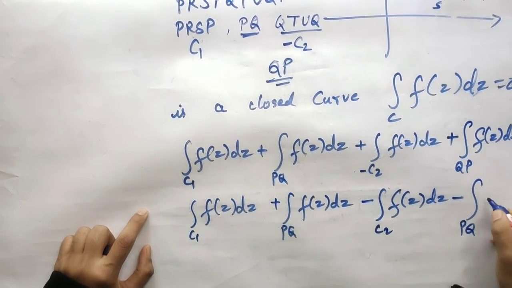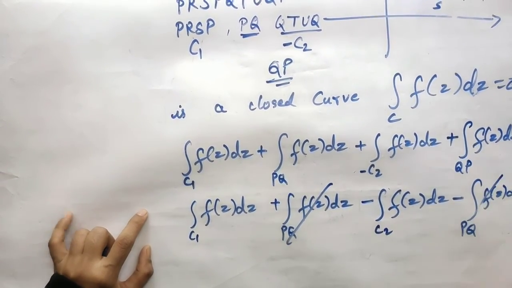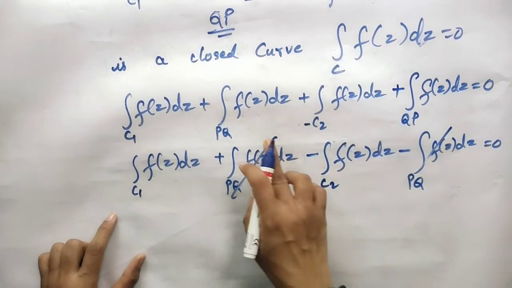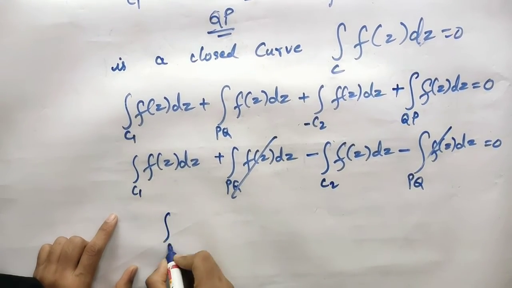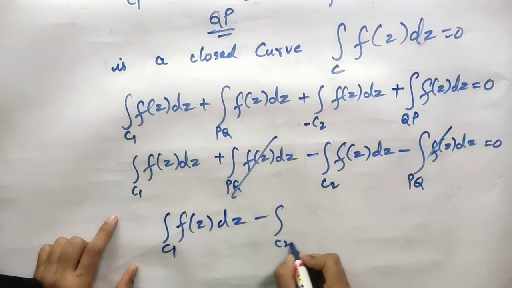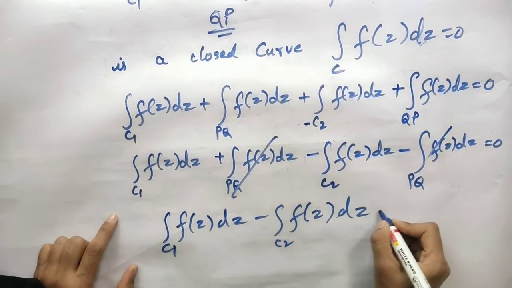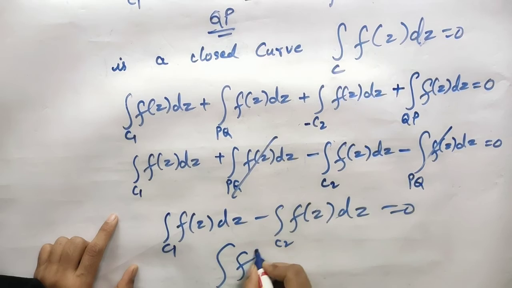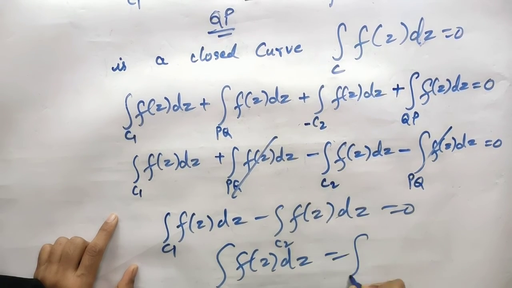These two cancel, and you have integration along C1 of f of z dz minus integration along C2 of f of z dz is equal to 0, or integration along C1 of f of z dz is equal to integration along C2 of f of z dz.